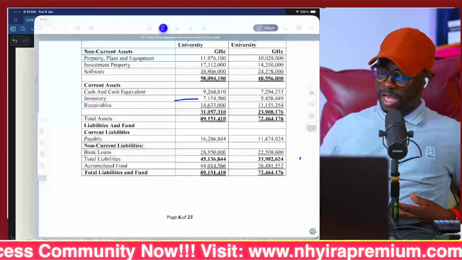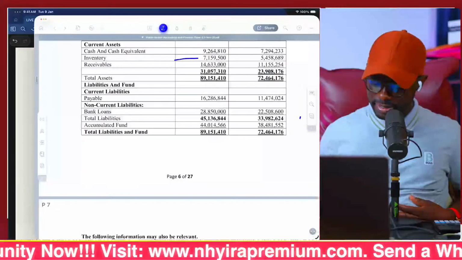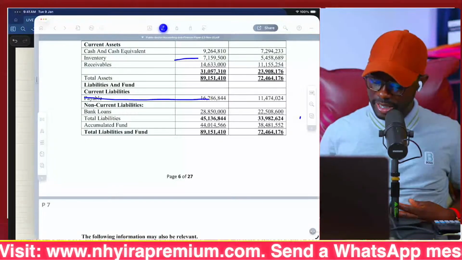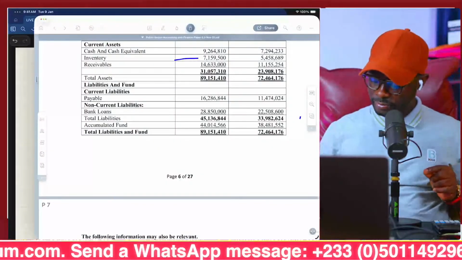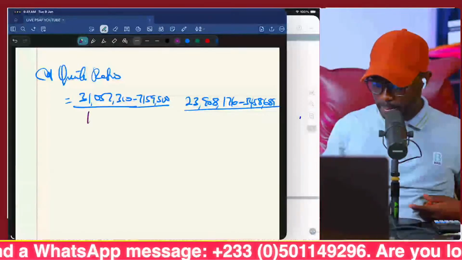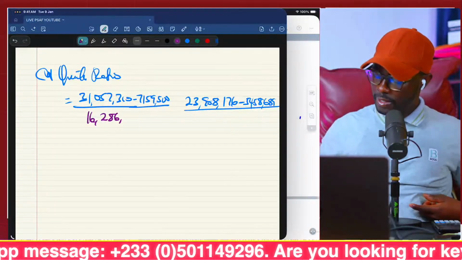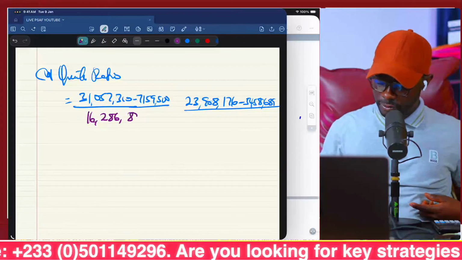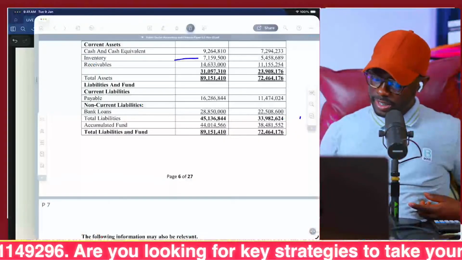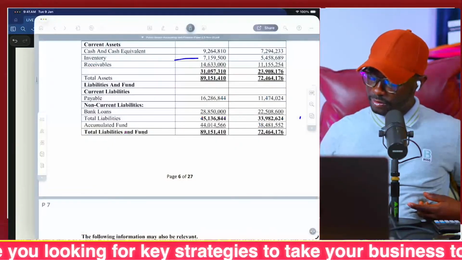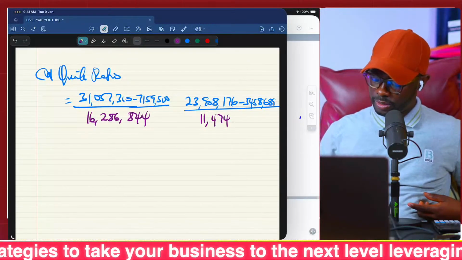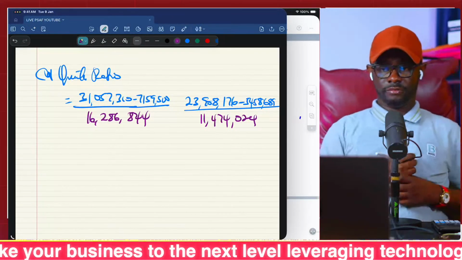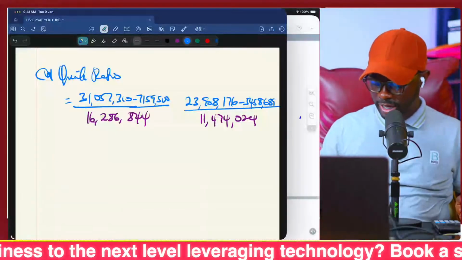So divided by current liabilities. You can see current liabilities here: 16,286,844 and then 11,474,24. Sounds good? So let's punch that out, quick ratio.